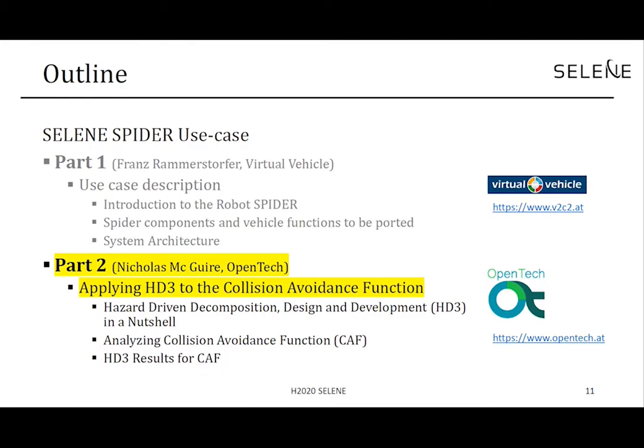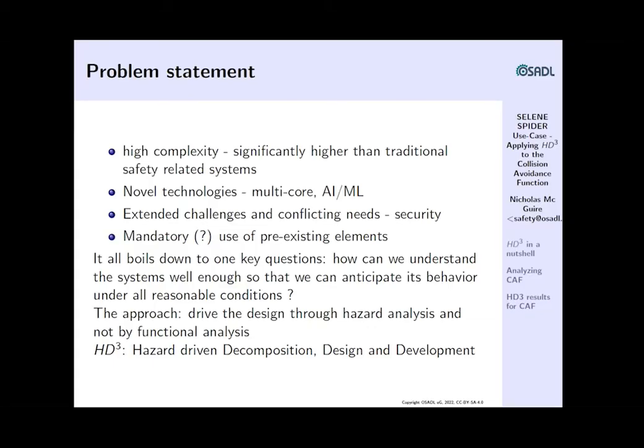So thanks, Franz. We are on problem statement. Well, as Charles said right at the beginning, the SELENE platform is addressing a lot of the key safety problems by providing self-monitoring, which is a very traditional approach to safety.